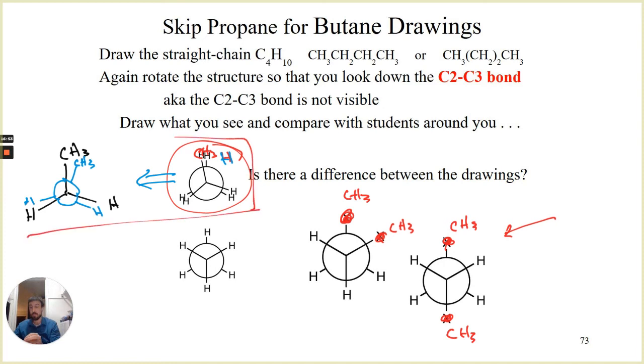The eclipsing interactions are all exceptionally high in energy. Okay, and if we consider them in this rotation, those end up being at energy maximums. Okay, because they're at energy maximums, they can't exist. Think back to your energy diagrams that you saw in 152 or second semester general chemistry. Those were transition states.